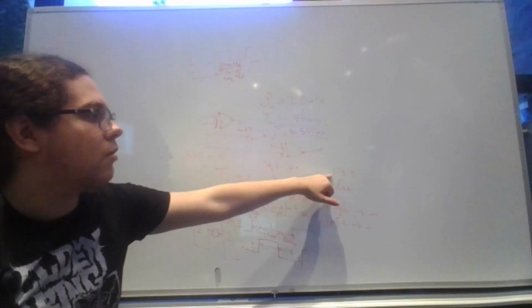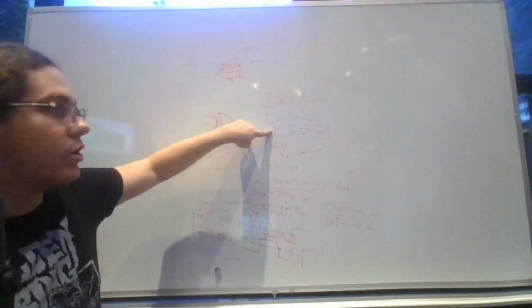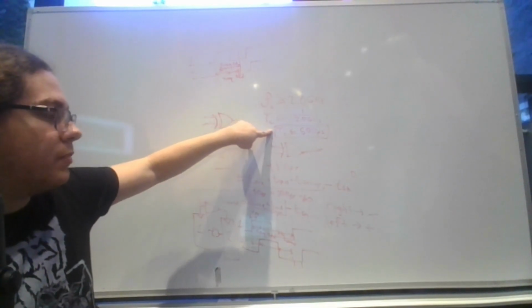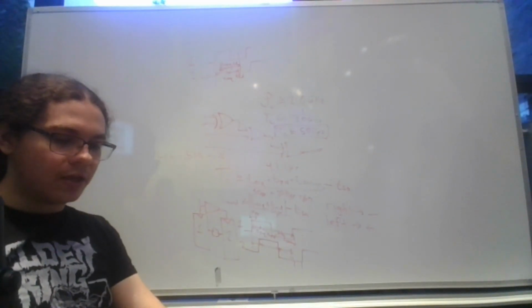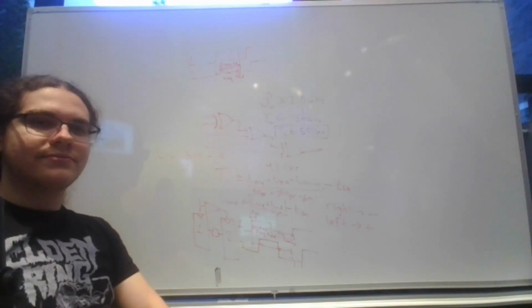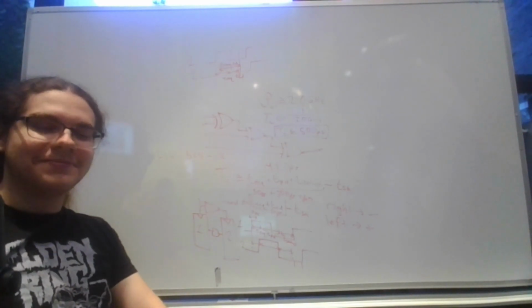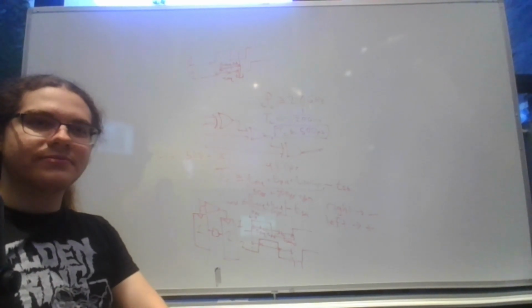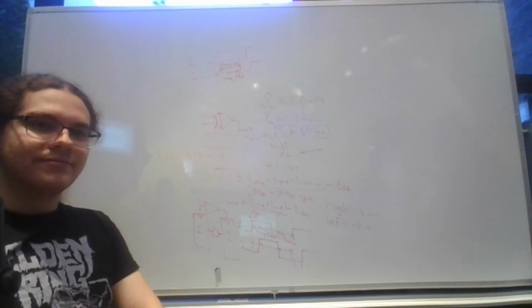And so what does that mean our maximum skew can be, assuming we can't go any further above 500 picoseconds? What's the most skew we can tolerate? Wait, did you say 410?